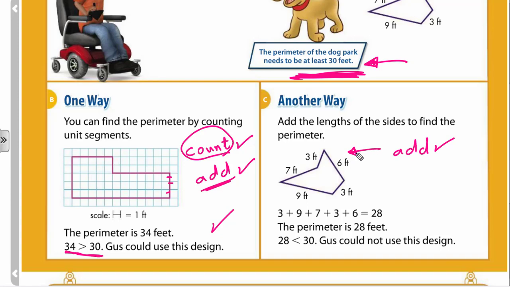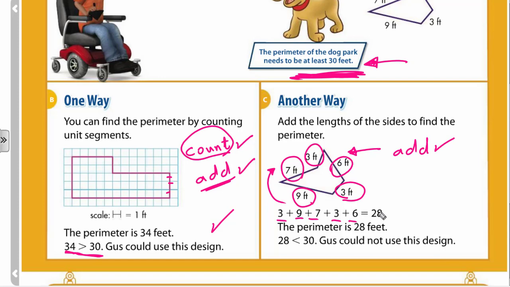We don't have the grid that we can count the squares inside. So as you can see here, we have the numbers. We can go ahead and start 3 plus 9 and continue. So 3 plus 9 plus 7 plus 3 plus 6. And when we finish them all, make sure that you write all the numbers for all sides and add them.